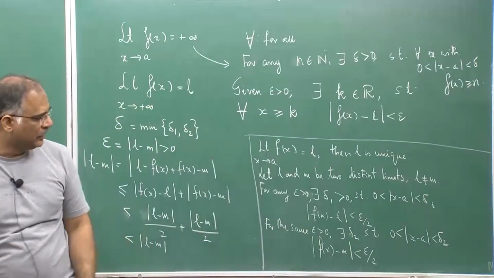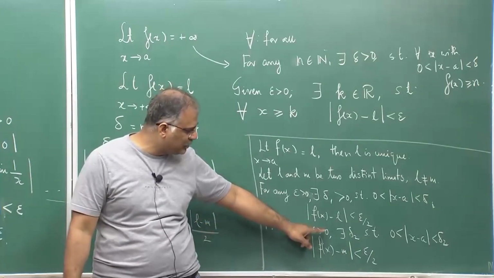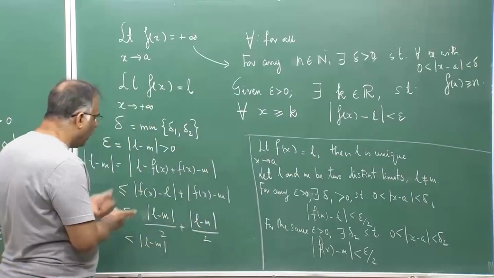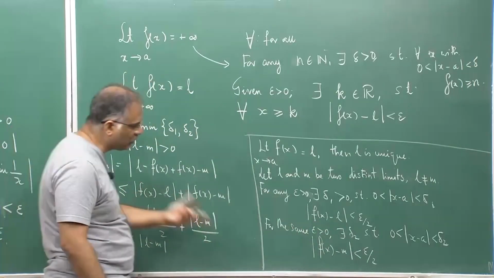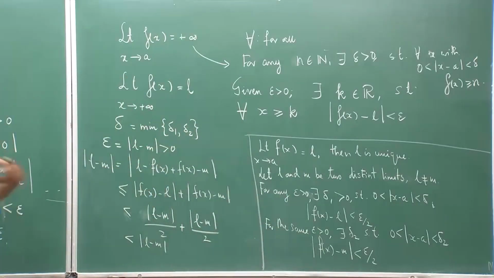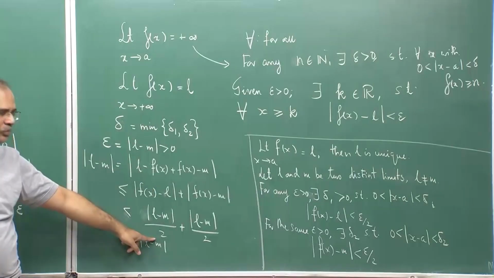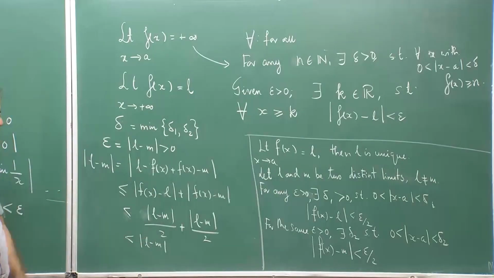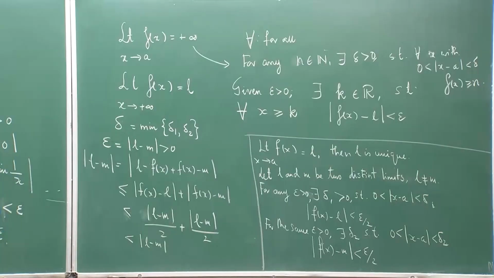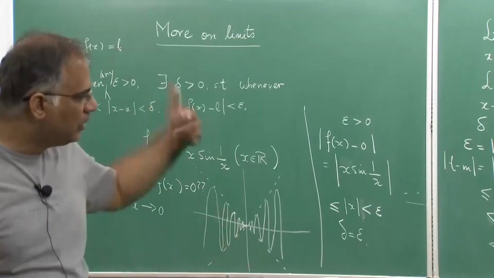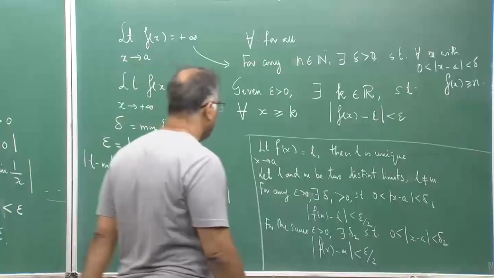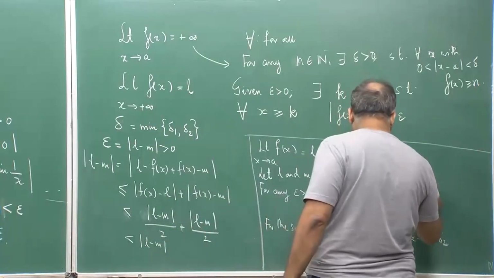The same thing will happen here if I put epsilon equal to |L minus M|, there will be a delta 2. Now the delta that will work for both of them would be the common delta, the minimum of delta 1 and delta 2, and for all such x's this is true. So, what I am finally getting is that |L minus M| is strictly less than |L minus M|, which is a contradiction, and hence my original assumption that L is not equal to M is wrong.